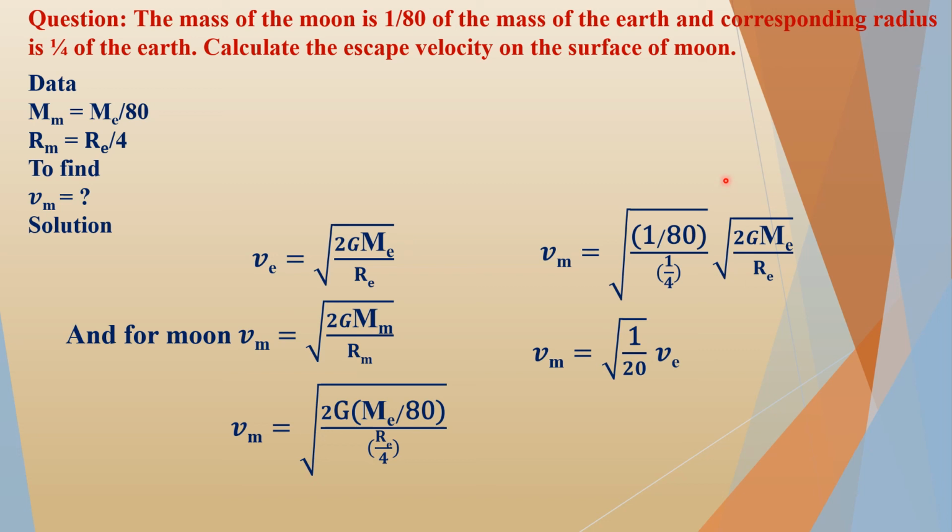This formula is of escape velocity, so we can write under root 2 gme divided by re equal to escape velocity of earth into under root 1 upon 20, and this term gives us 0.223 into escape velocity of earth, which is equal to 11.2 km per second, and we get escape velocity on the surface of moon is equal to 2.5 km per second.